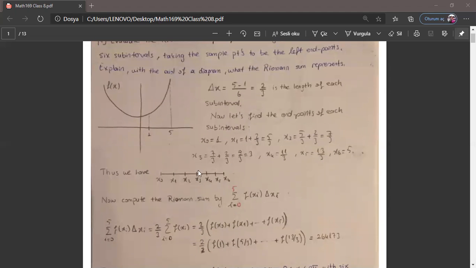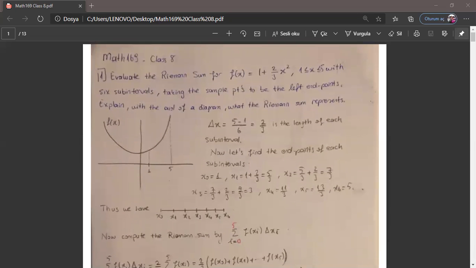Just get the idea. So what do we do first? We are given this interval, 1 and 5. We divide it into 6 subintervals. Then it says take the left endpoints. That's why after finding the length of each subinterval, we find the left endpoints of each subinterval, till x5.